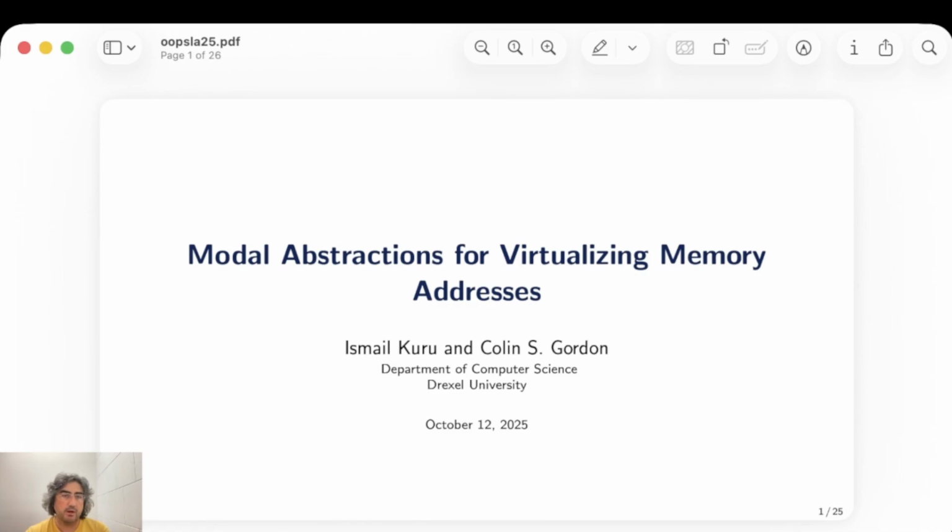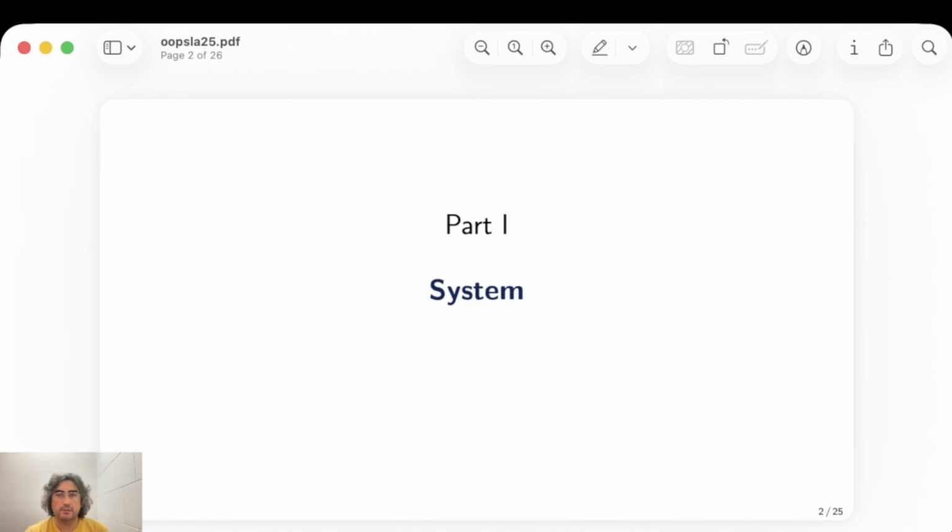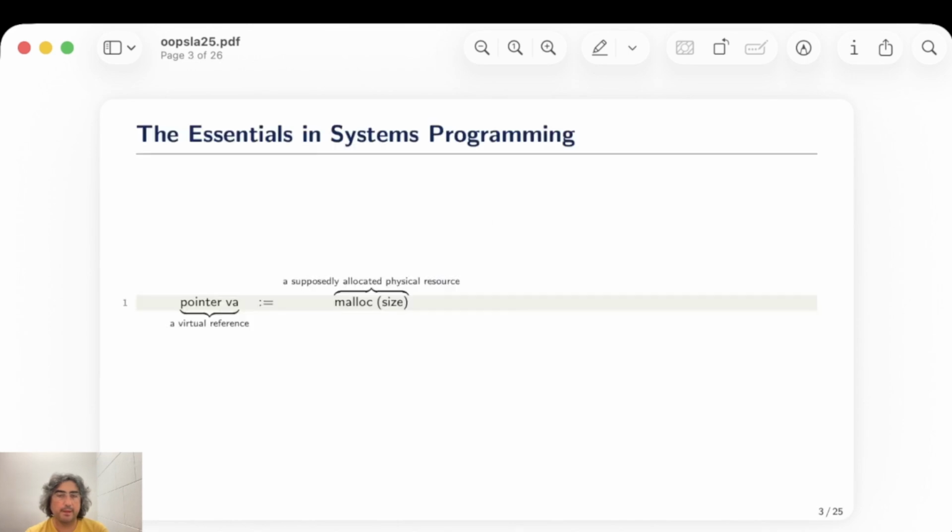Ismail Kuru. I will be presenting our paper, Modal Abstractions for Virtualizing Memory Addresses. So let's first discuss virtualized memory from a systems perspective. Virtualization is a common concept that appears in multiple different systems designs, but for memory virtualization, we can concretize the practice of using a virtual pointer pointing to a physical page.